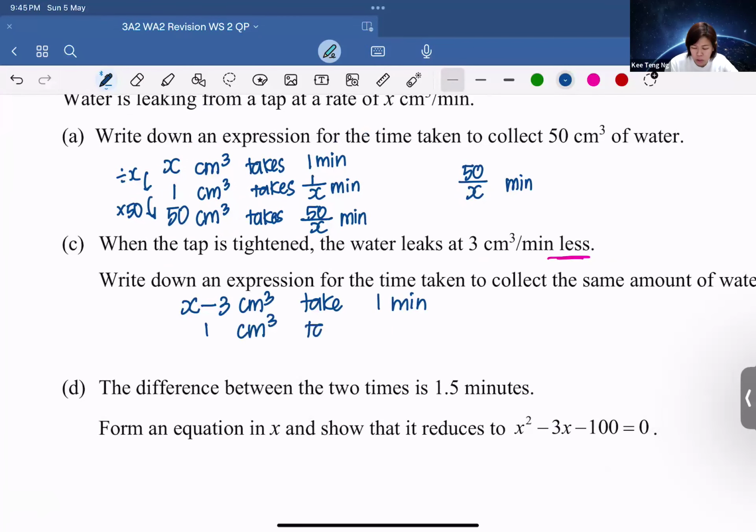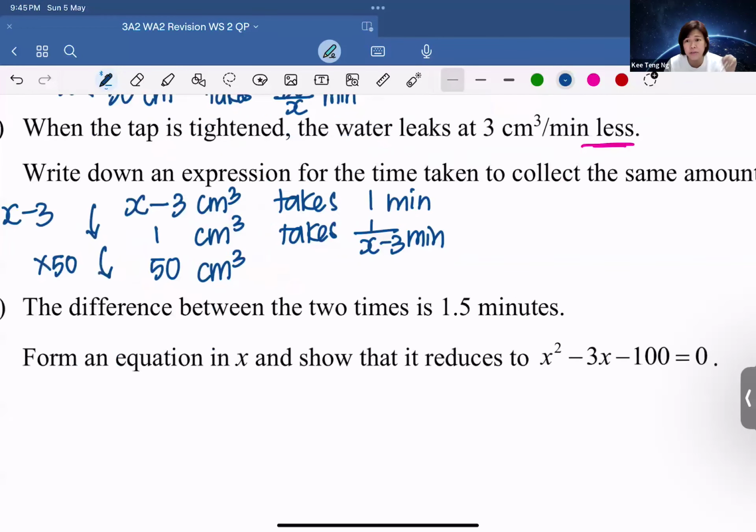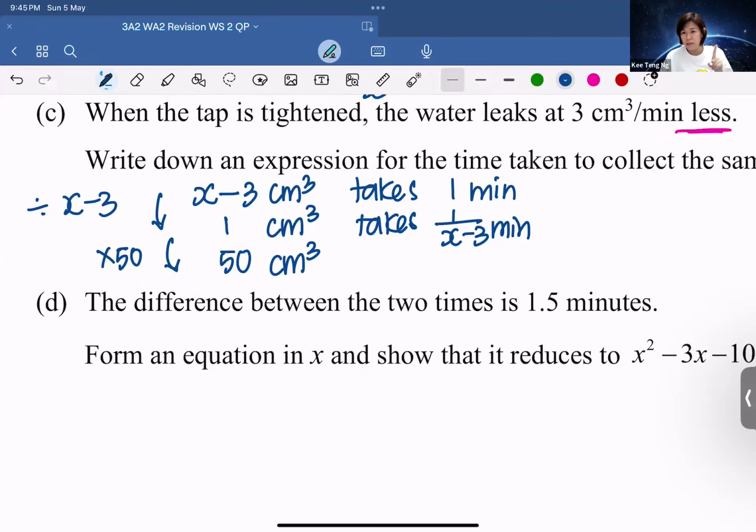I'm going to divide by x minus 3. So I write in fraction 1 over x minus 3 of a minute. And if I want to have 50 cm cube, I need to multiply by 50. The 50 goes to the top, the numerator. So it becomes 1 times 50 becomes 50 over x minus 3.